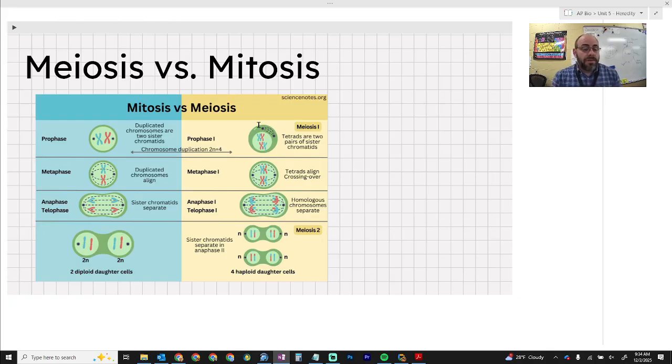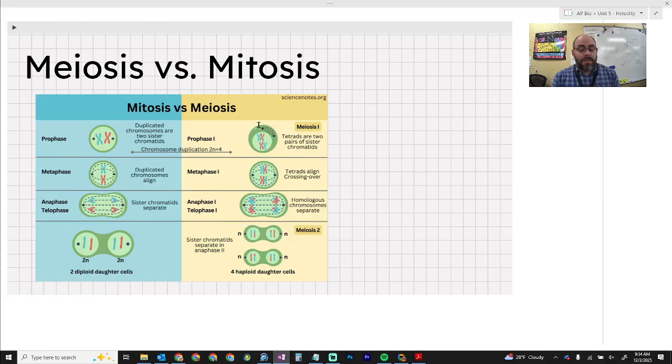Well, in meiosis, you have two divisions, meiosis 1 and meiosis 2, and you end up with four cells, and those four cells are genetically different from one another because of crossing over and some things we're going to talk about in a later lecture. In mitosis, you end up with two identical diploid cells, right? They're called daughter cells.